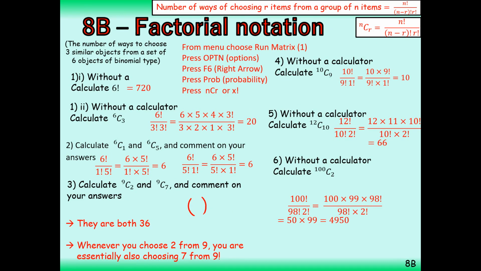This 9 to 7 can be written, instead of using C, some mathematicians write it in a bracket, 9 on top and 7 here. This is not a fraction. There is no line here, so don't confuse it with 9 over 7. This doesn't mean 9 over 7. This means 9 choose 7. So the number on the top must be bigger than the number at the bottom of this notation. This is still a binomial coefficient.